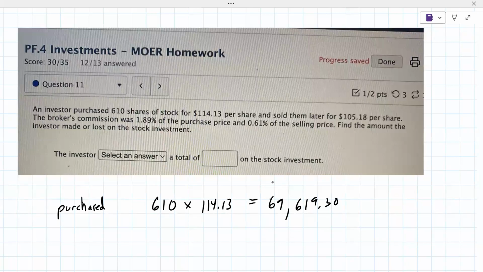But you also need to multiply it by the percentage commission, right? You multiply how much you bought by the percentage. That's right.